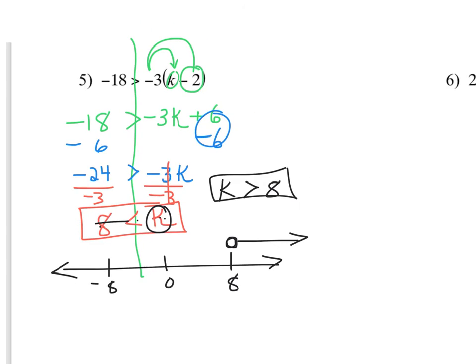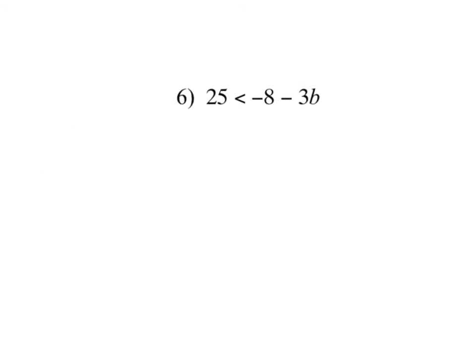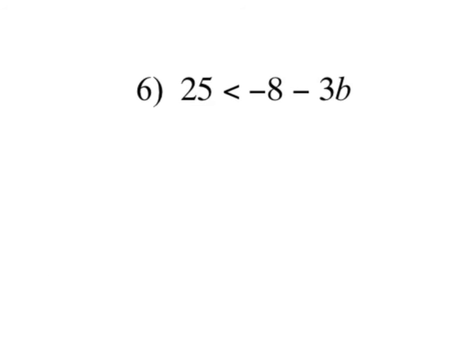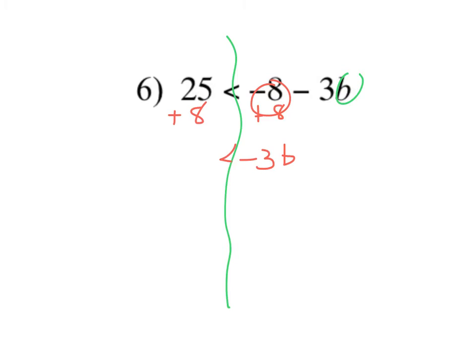Okay, a couple more, halfway through. Here's my variable. Add 8, turns into 0. Negative 3b is less than 33.